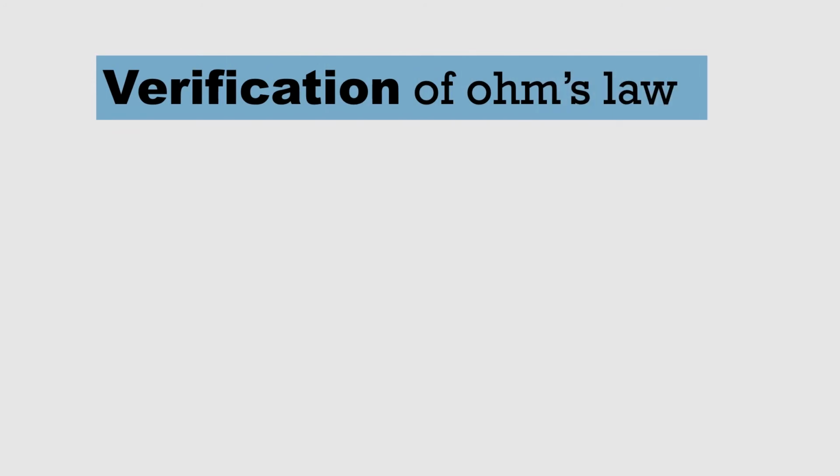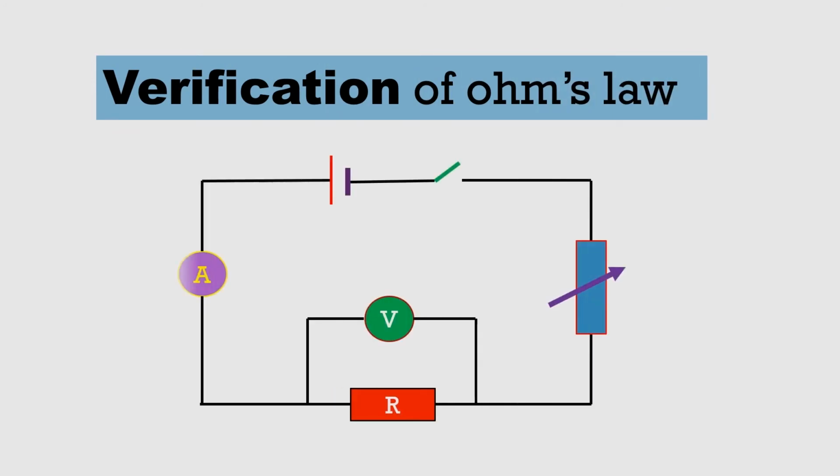To verify Ohm's law, Simon Ohm came up with this circuit, and in this circuit we have the cell, then we have our switch S, and then this is the rheostat.